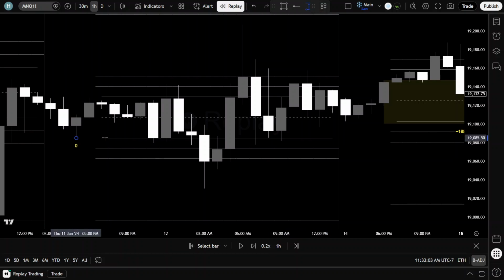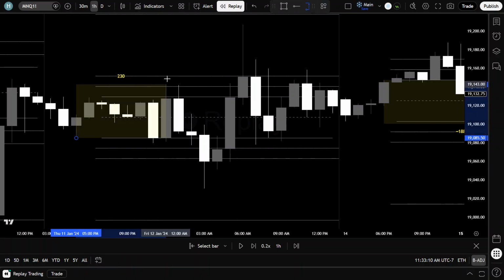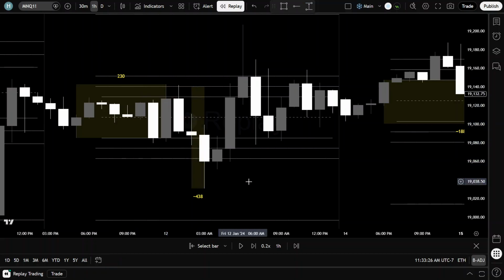Here we had it tap the 4-hour low, max running of 23 ticks. Tap those levels for 230 ticks, so you could probably play this as it tapped it twice in 2 hours, and then as we saw it flush 438 ticks, and potentially played it again.